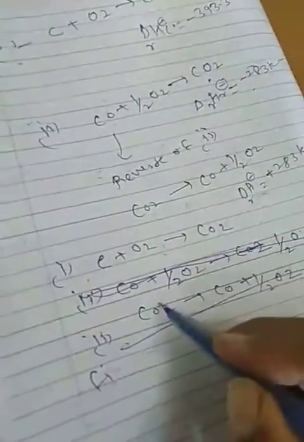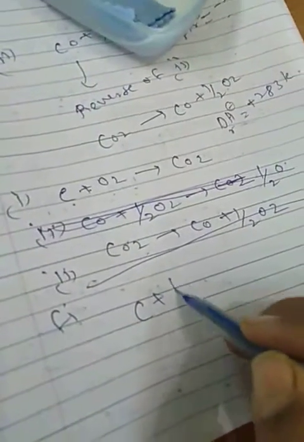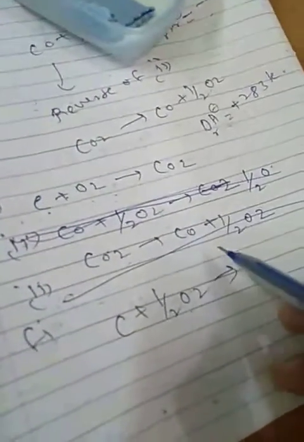So finally, from these two, CO2 and CO2 will cancel. You will get C plus half O2, since the half O2 on the reactant side minus the half O2 on the product side leaves half O2, and the final product is CO. From C plus O2 gives CO2, the O2 minus half O2 leaves half O2, and you have to do the enthalpies like that.